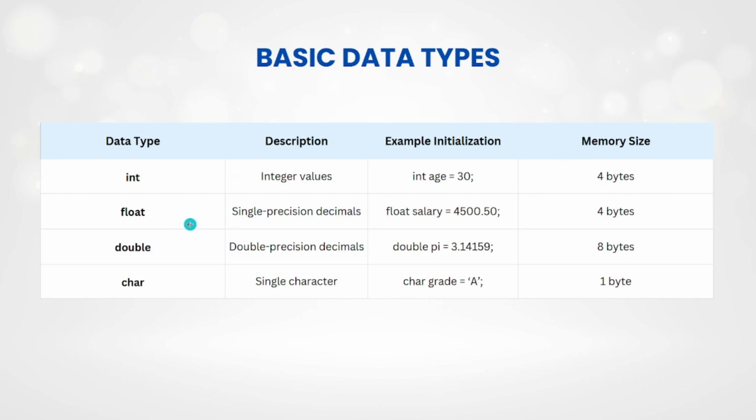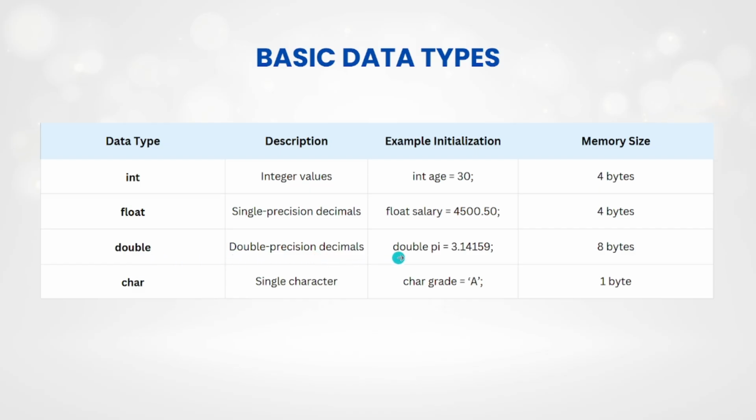Next, we have float. Float is single precision decimals. So we have here float salary equals 4,500.50. We're using decimals here, so by using decimals, we'll have the data type float. 4 bytes is the memory size for data type float. Next, we have double, double precision decimals.